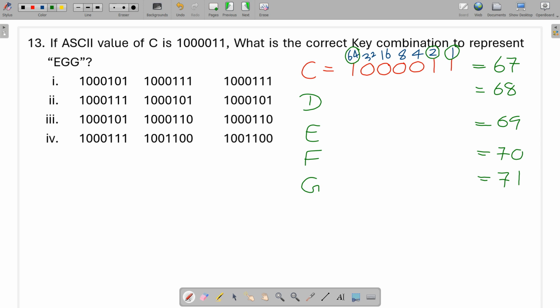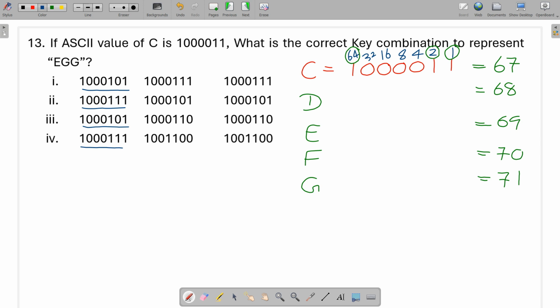So, just without converting the value of E, just by looking at the choices given to you, every choice contains two different types of values. E is going to be either 1000101 or 1000111. So in that case, you have to convert and see. There is no choice of getting the values from the choices or guessing what E is.